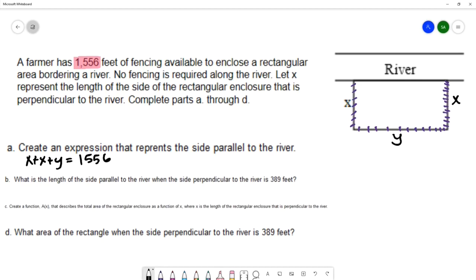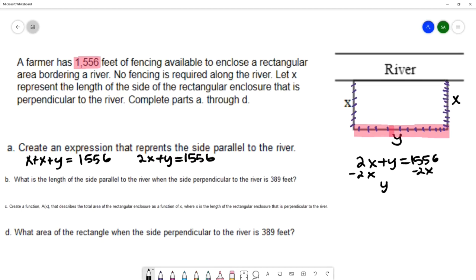So that works out to be 2x plus y equals 1,556. I think I'm going to move over here to the side where I have some space. And my goal is to find an expression for this side. So I'm going to solve for that by subtracting 2x.